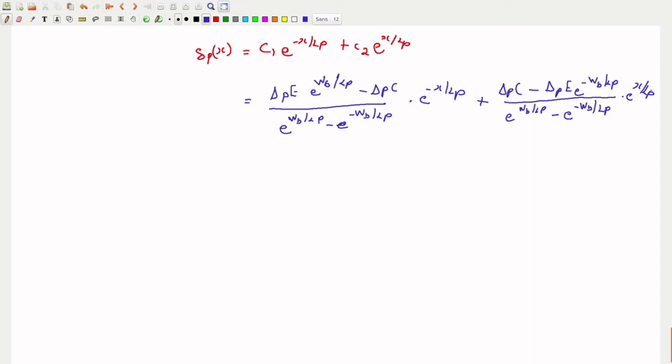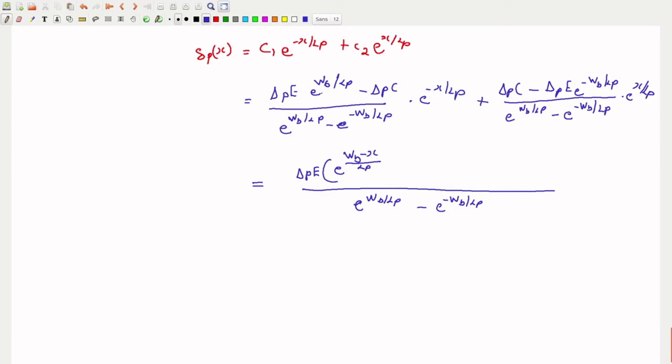As you see, the denominators are the same. We can group delta PE terms and delta PC terms in the numerator and simplify the above equation and write as the denominator we have e raised to WB by LP minus e raised to minus WB by LP, and in the numerator we will have delta PE terms together, which is e raised to WB minus x by LP, because e raised to minus x by LP is multiplied inside.